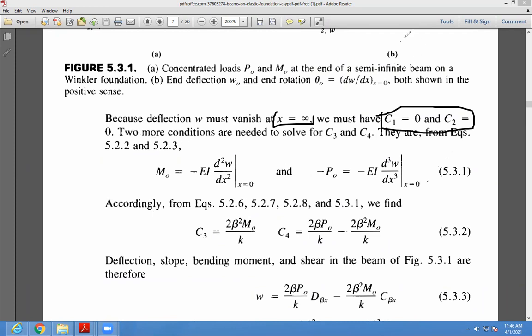Two more conditions are needed because there are two unknowns, C3 and C4. As C1 and C2 are 0, the remaining are C3 and C4.